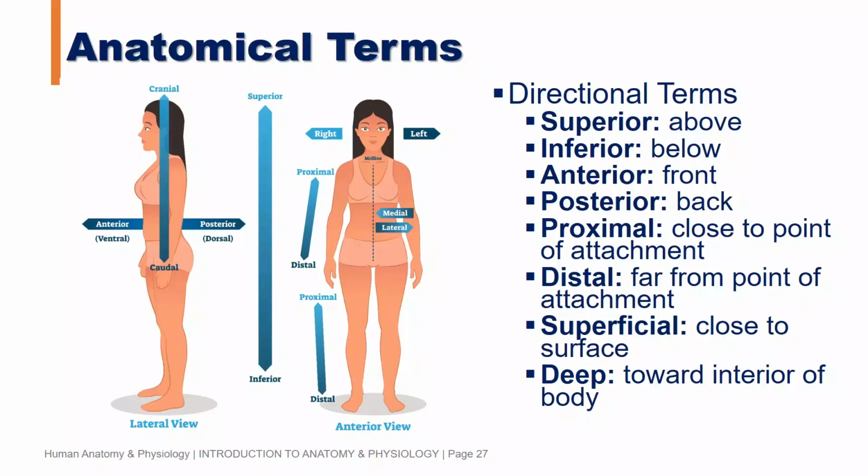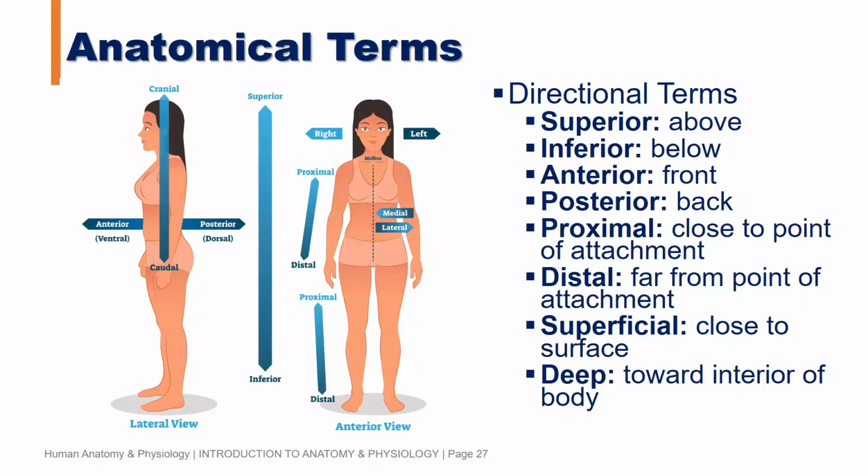We have more directional terms here. In this photo, you have the superior, which is basically an arrow that shows above, and then inferior is the direction that shows going down or below. Then we learned about anterior a while ago, which is facing in front, and then posterior is facing at the back.